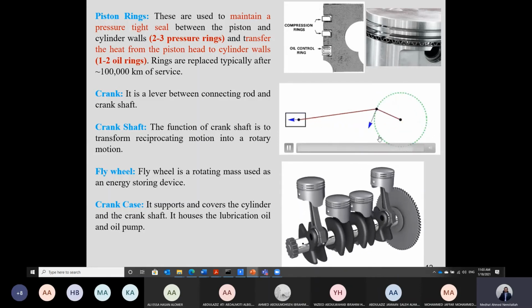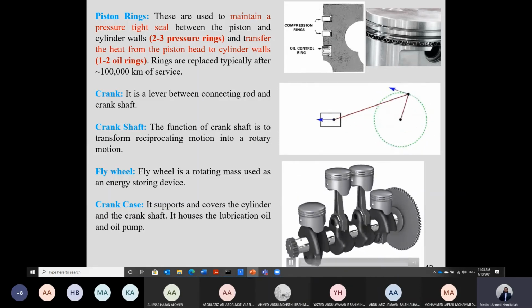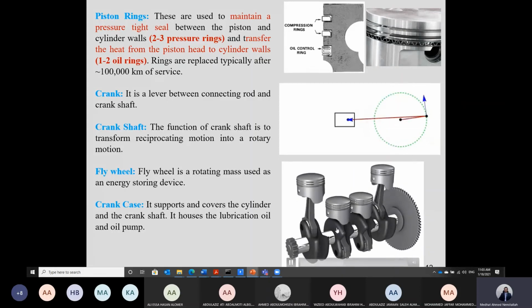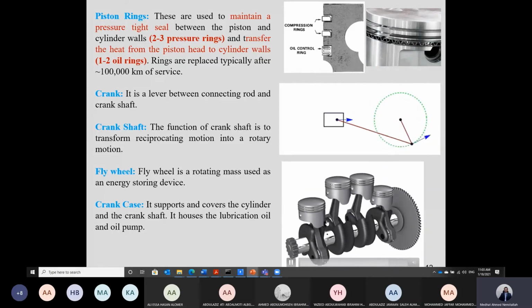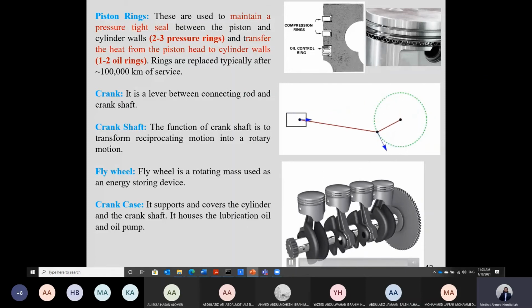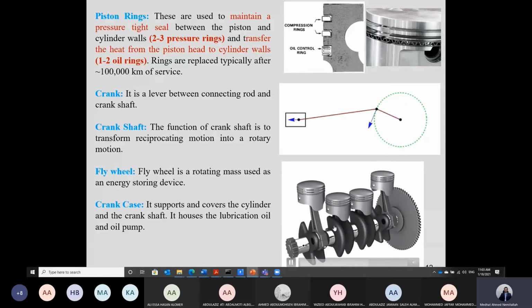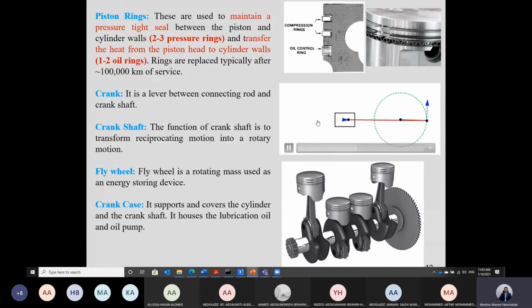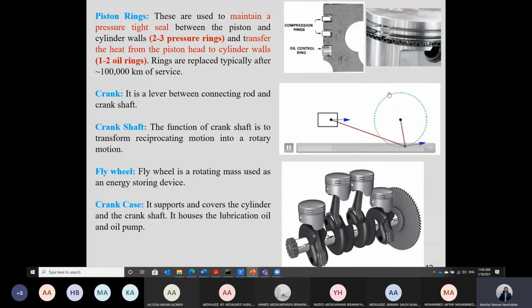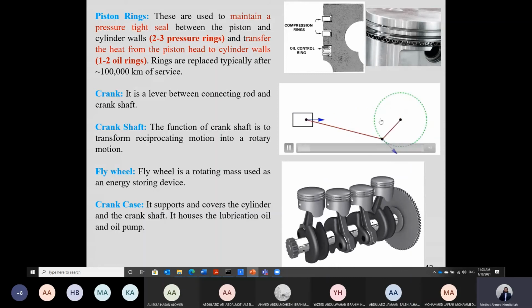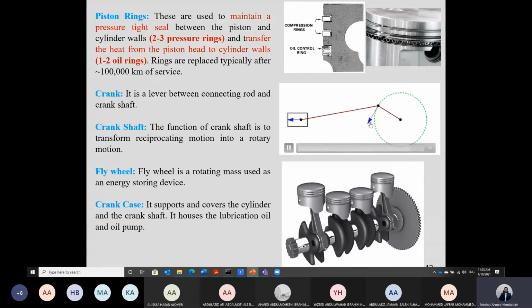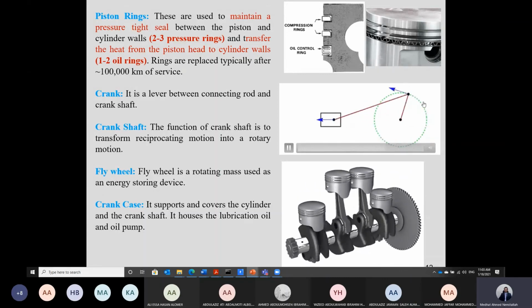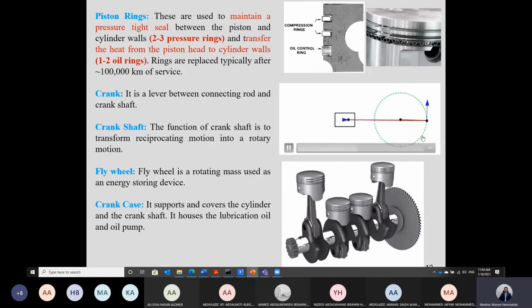While the connecting rod is moving, it is connected to the crank. The crank, Shabab, is the connection between the crank pin and the crankshaft, which has a counterbalancing weight here. So while the piston is reciprocating, it moves the connecting rod, which moves the crank, so that we can generate rotating shaft power of the crankshaft.